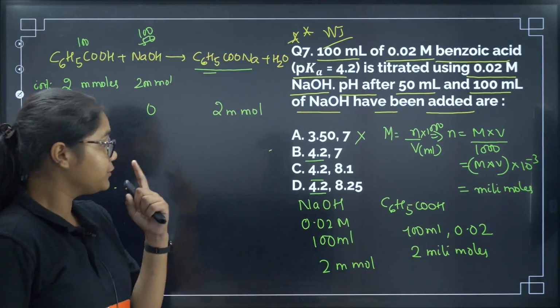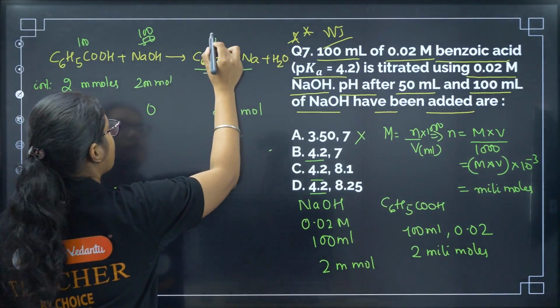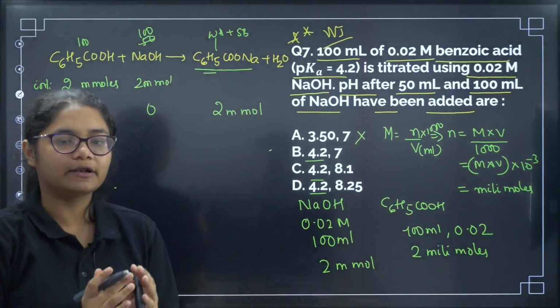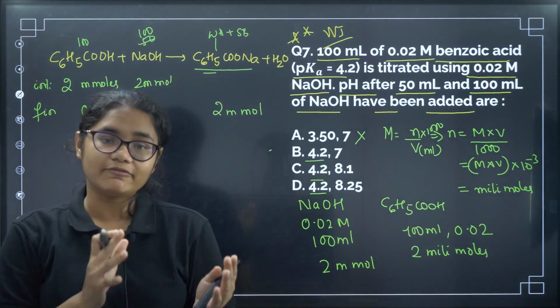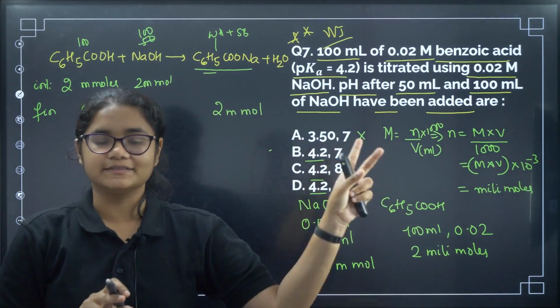Now what we have to do, you can see this is a salt, right? Salt and water, and this is a salt of a weak acid and strong base. So what will it undergo? It will undergo salt hydrolysis. So we have to use the formula to calculate the pH of salt hydrolysis of a weak acid and strong base.